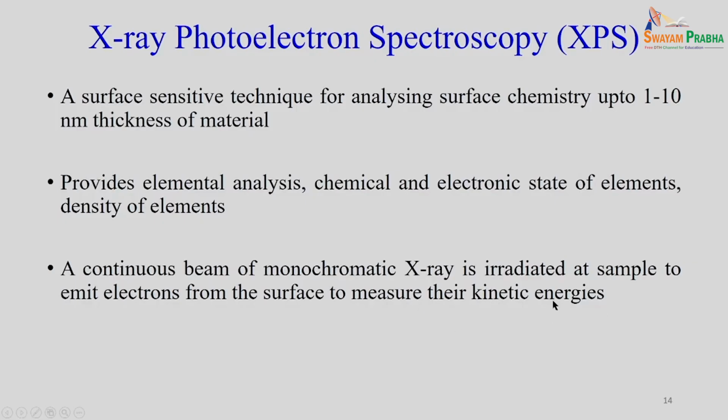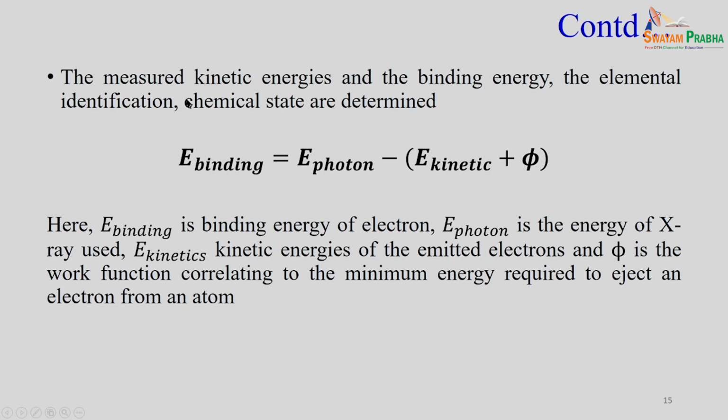So, basically we measure the kinetic energies of those electrons. When we measure the kinetic energy and the binding energy, we analyze the elements as well as their chemical state.